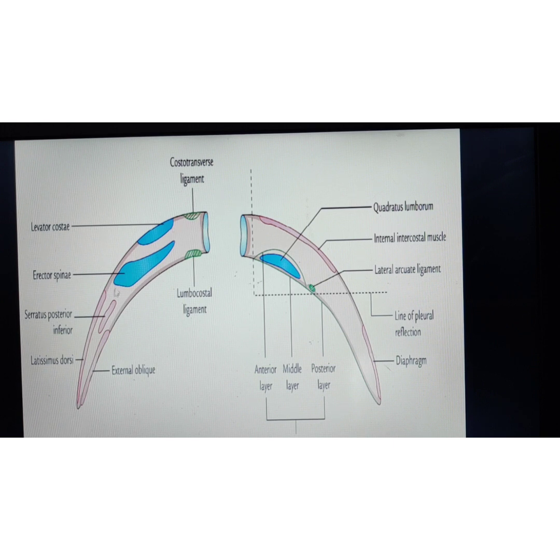This is the outer surface, or you can say the posterior surface of the 12th rib, the superior border and the inferior border. This is the inner surface, or you can say the anterior surface of the 12th rib.